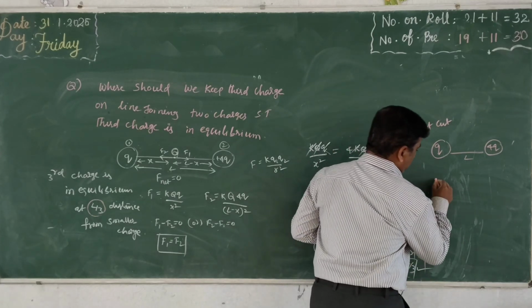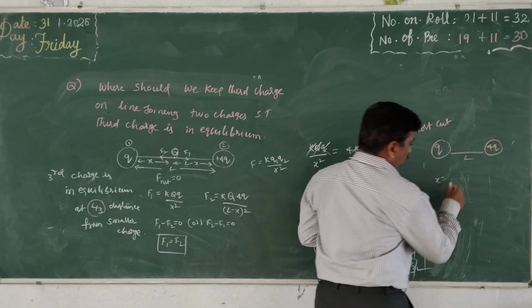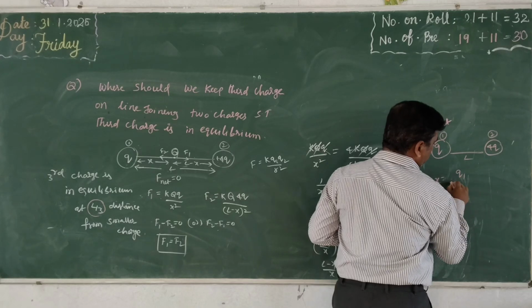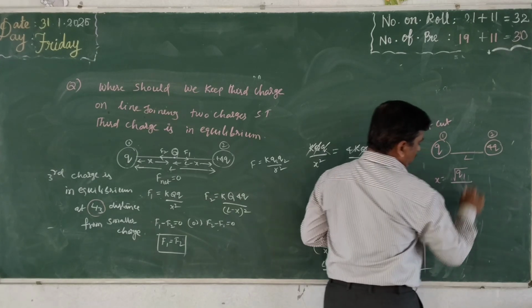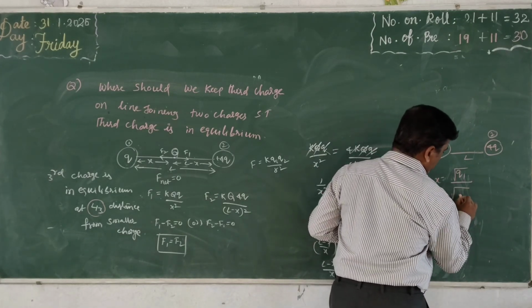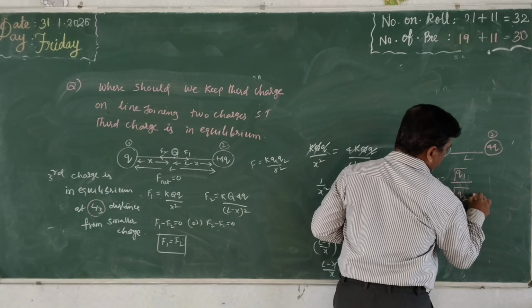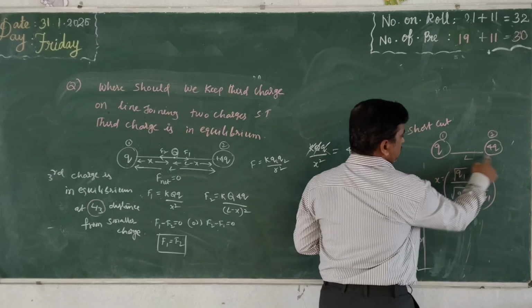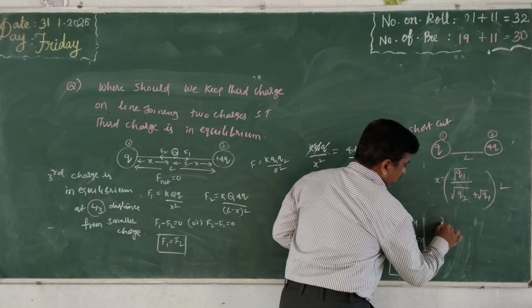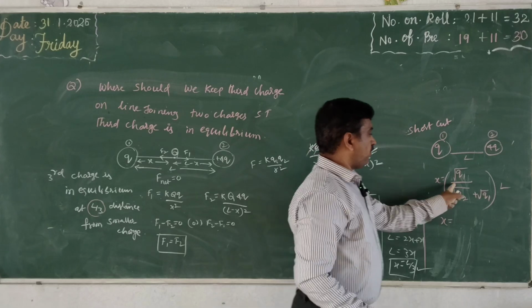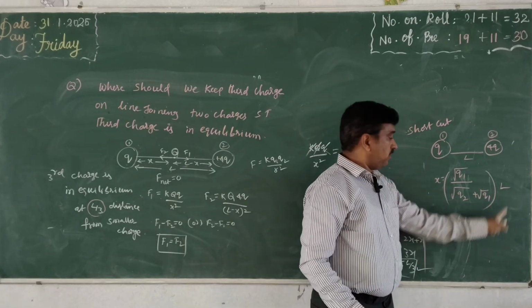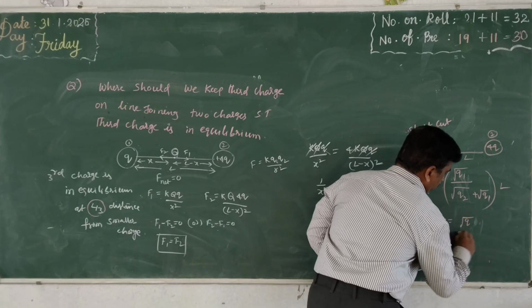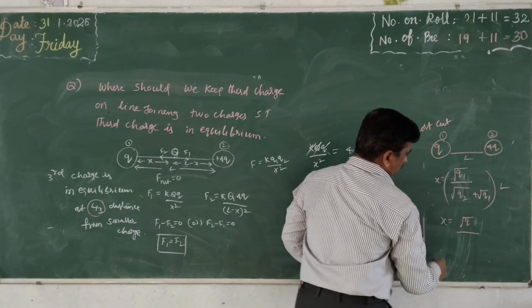See, x equal to root of Q1 by root of Q2 plus root of Q1, into what is the distance between the charges? L. For example, this is Q1, this is Q2. So x equal to root of Q1 by root of Q2 plus root of Q1, into L. Here Q1 is Q, Q2 is 4Q.